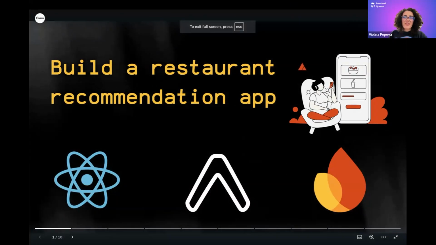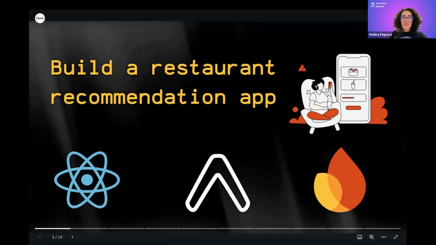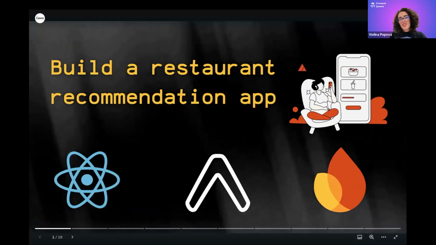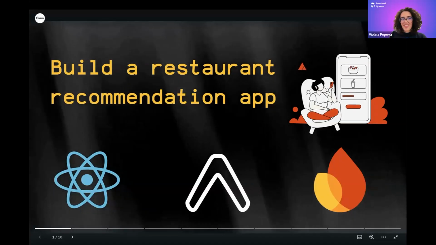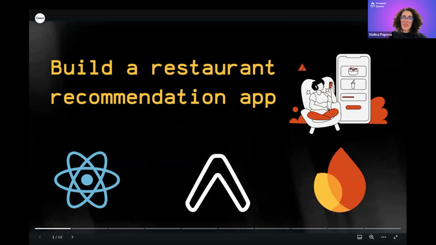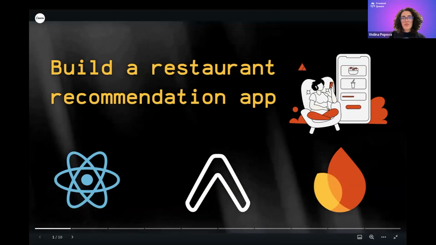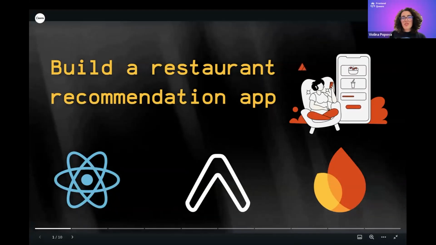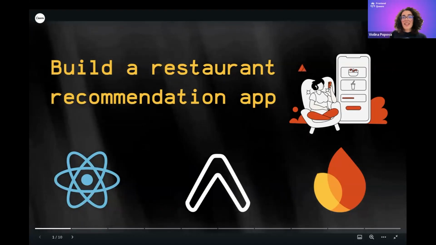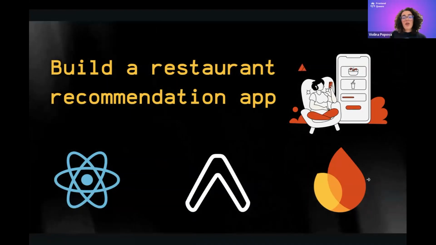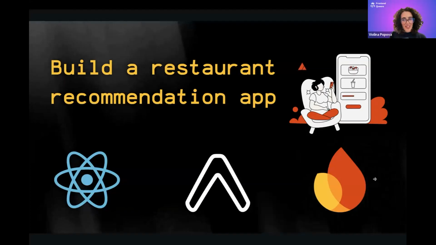Today we will learn the fundamentals of building cross-platform mobile applications using, as I already said, React Native, Expo, and Firebase. These are three incredibly powerful and popular technologies. And before we jump to the code, let's take a look at how our app is going to look.